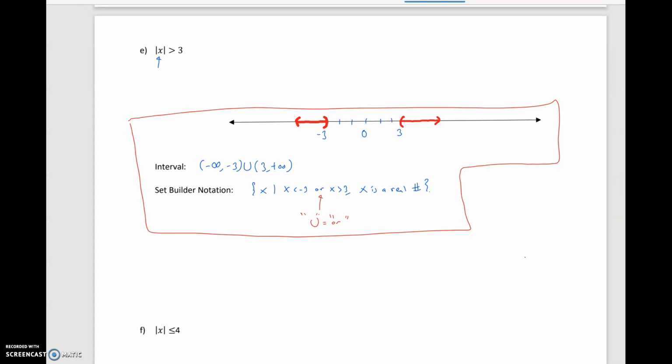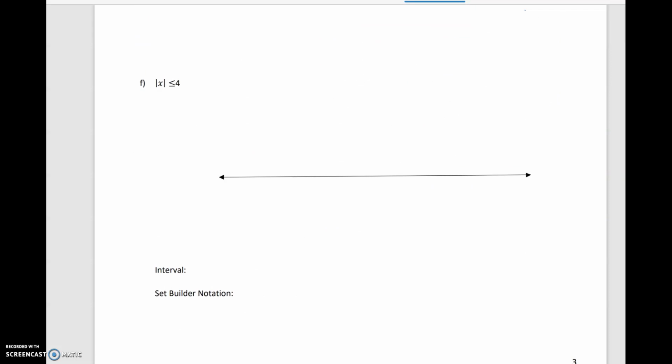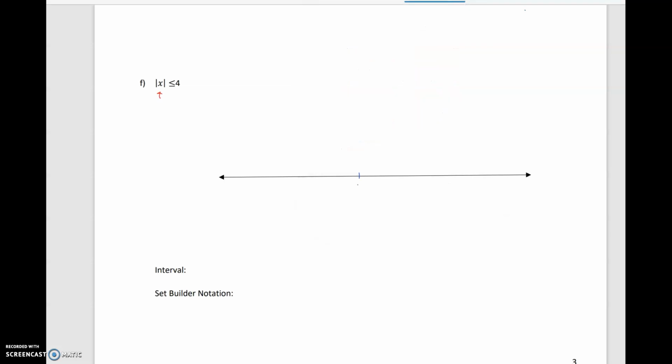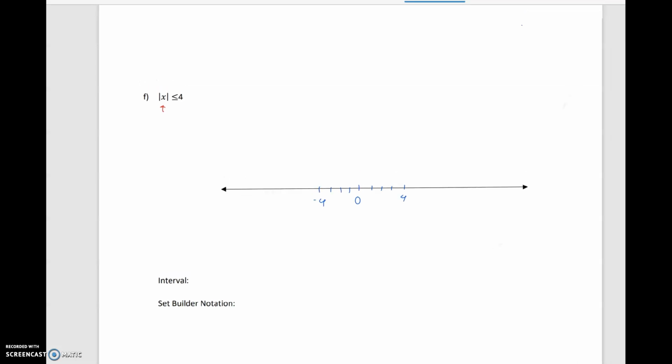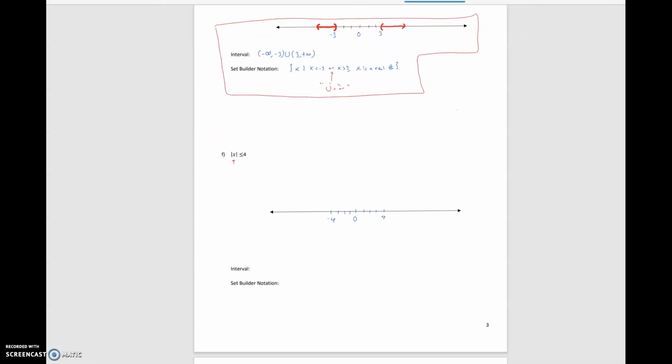Let's talk about F, which is similar to E, but in this case, we're looking at distances that are less than or equal to 4. So we're talking about, in this case, this is 0, 1, 2, 3, 4, and then 1, 2, 3, 4. In terms of the actual number line, it's going to look similar, except that on this one, it's saying less than. So technically, this would be less than, the edges will be greater.